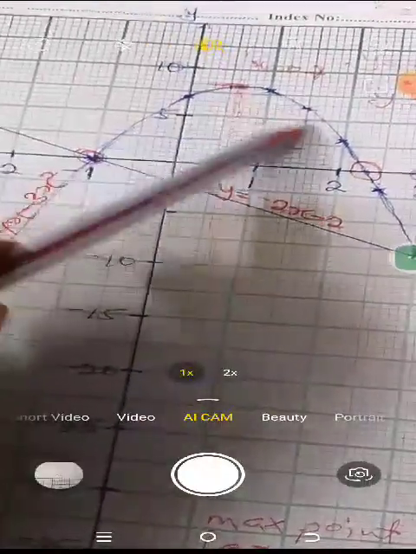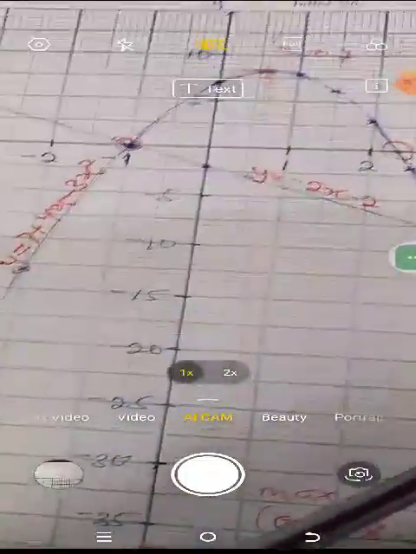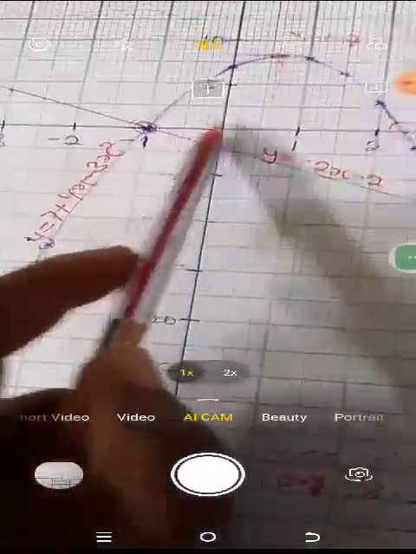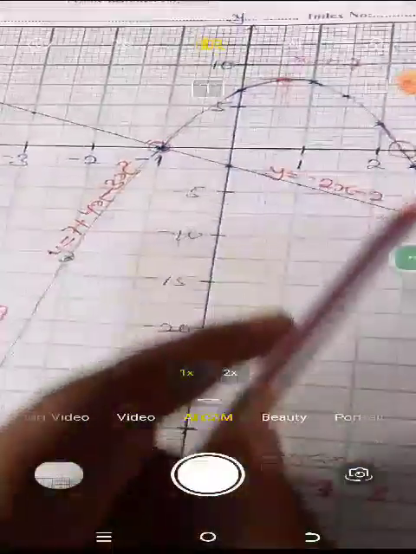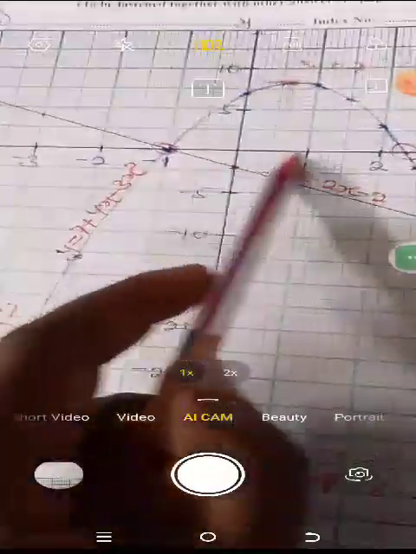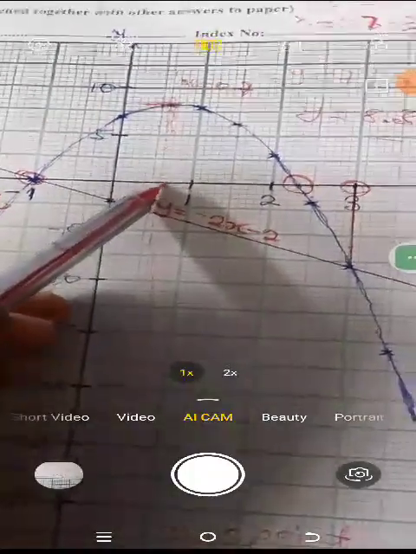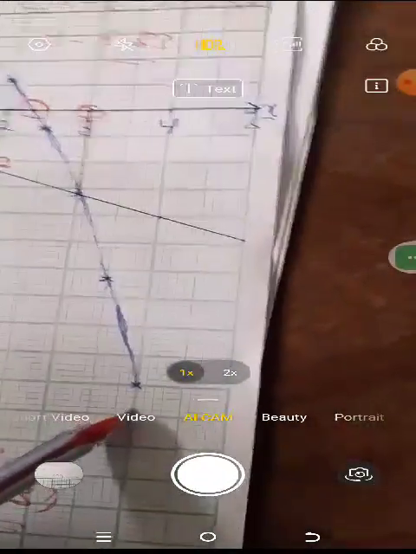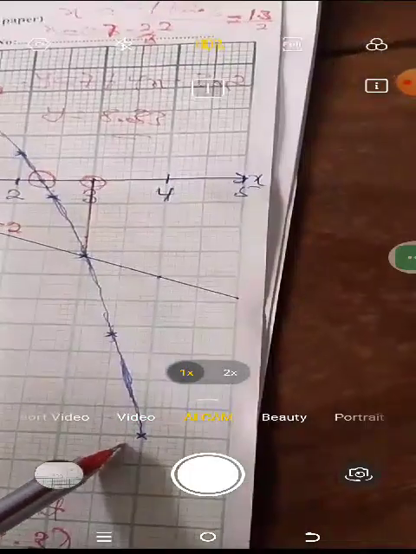So this side, y is decreasing as x is increasing. So as x is increasing, it starts from here, the equation of the line of symmetry, 0.7, to the last point we plot here, which is x is equal to 4.